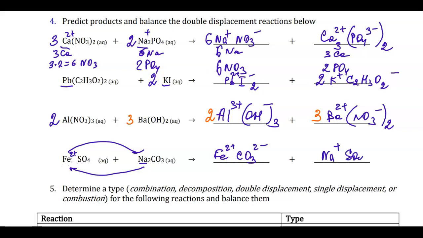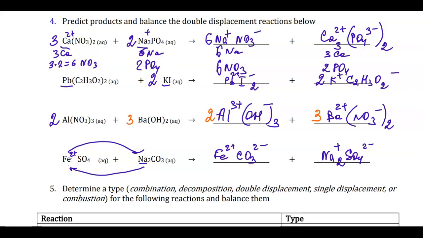So SO4 2 negative gives us 2 here, right? And as you can see, this equation is balanced too, right? So iron 1 and 1, CO3 1 and 1, and SO4. Yeah, it is balanced. Okay, so we're good to go.